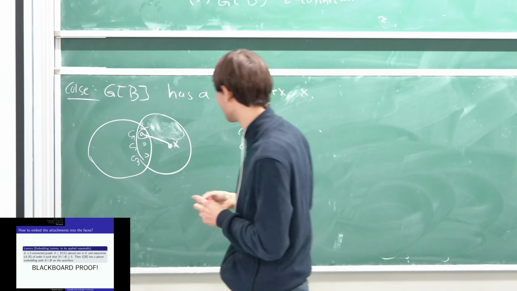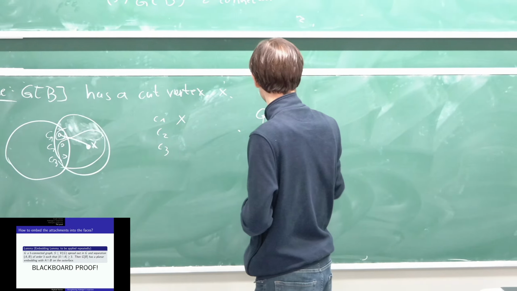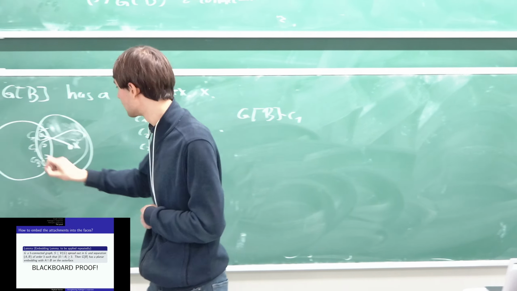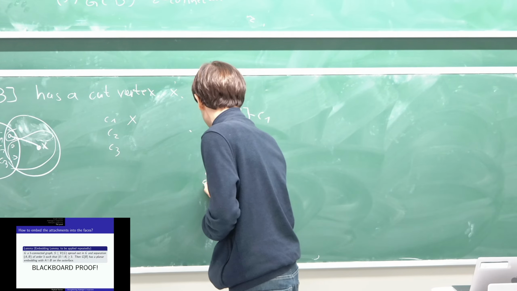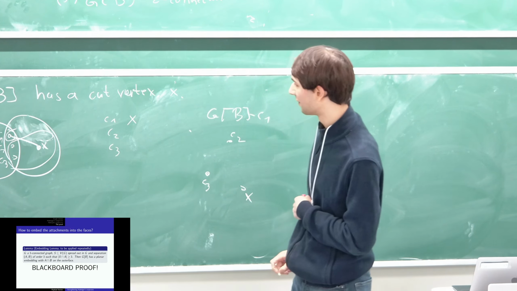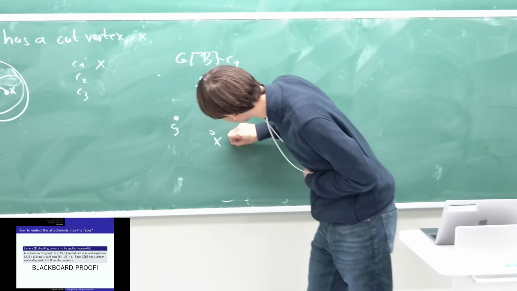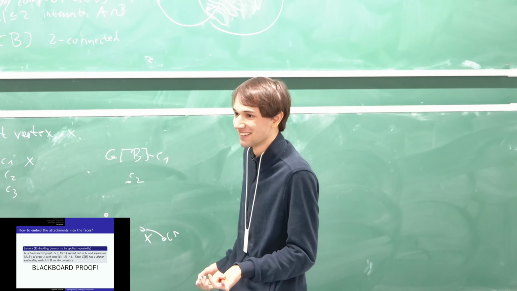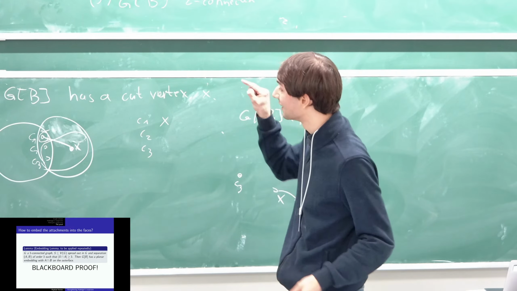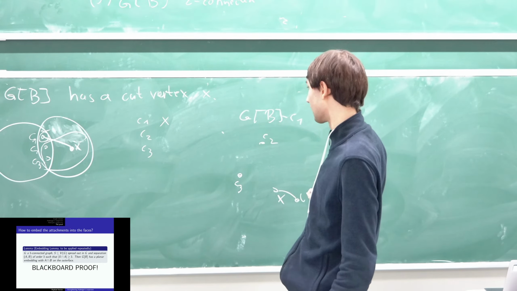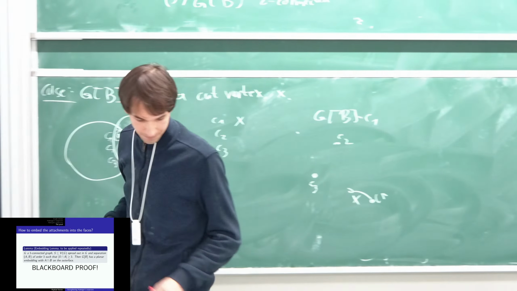Which tells us that this graph, G of B minus C1, can be planarly embedded where C2, C3, and X are on the outer face. Well, then just embed C1 also and connect it to X because that's its only neighbor and it's still on the outer face. That's it. So that's why G of B cannot have a cut vertex, because then the picture has to look like this, and then you can easily finish by induction. So we can suppose that G of B is two connected.